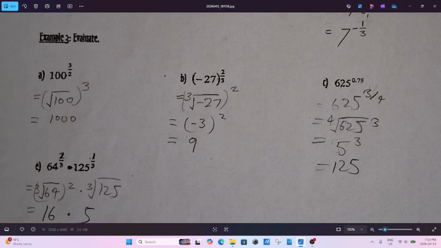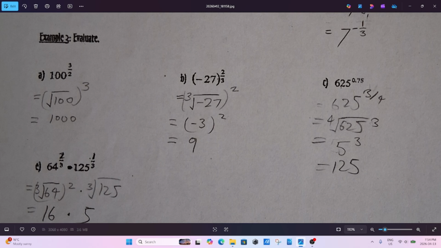B, negative 27 to the 2 over 3 is equal to third root of negative 27 squared, which is equal to negative 3 squared, which is equal to 9.